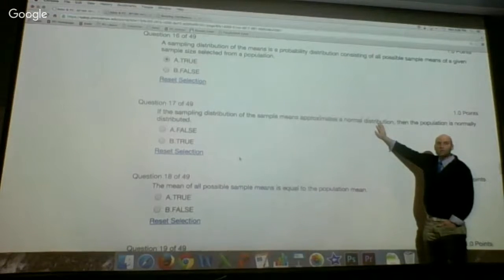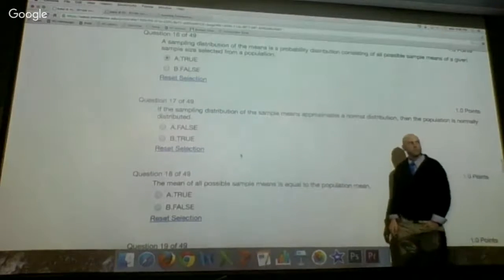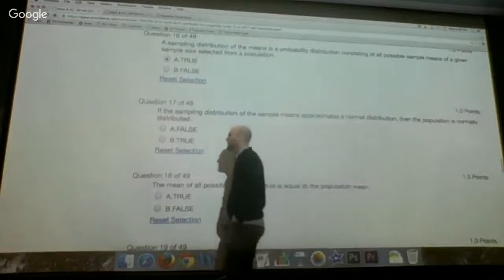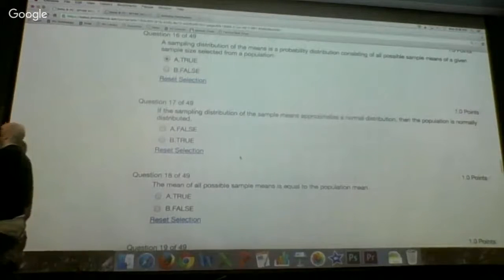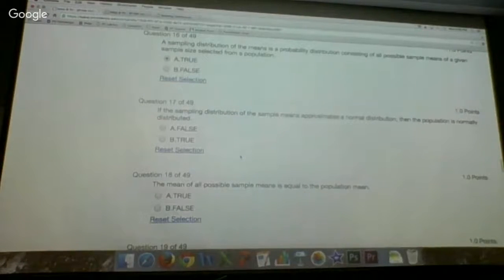So if it's constantly normal, it gives you no predictive power about what the shape of your parent population would be. I like it, James. Good work. The mean of all possible means is the population mean. The mean of the means is the mean. Let me hear you say yeah. Let me hear you say yeah. Yeah.